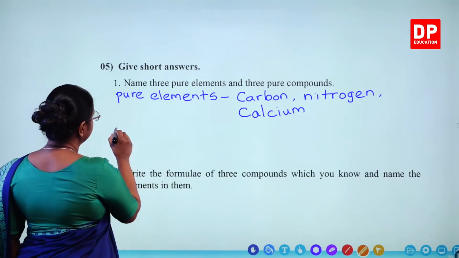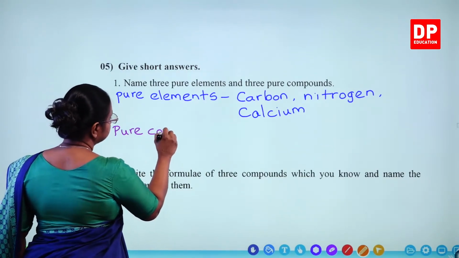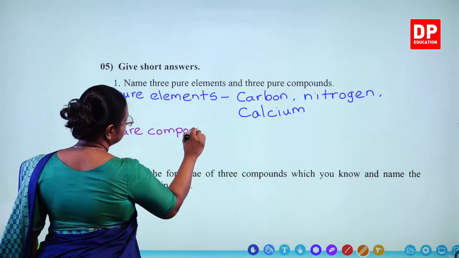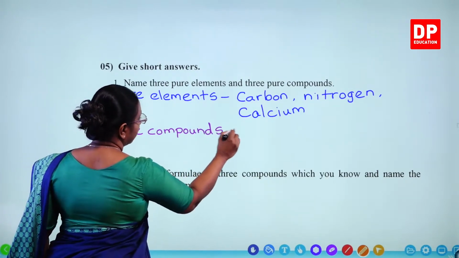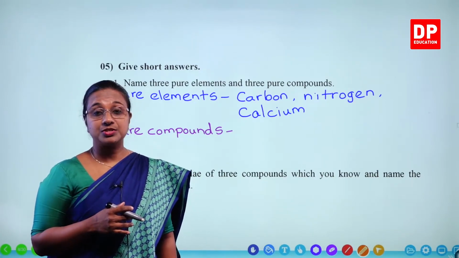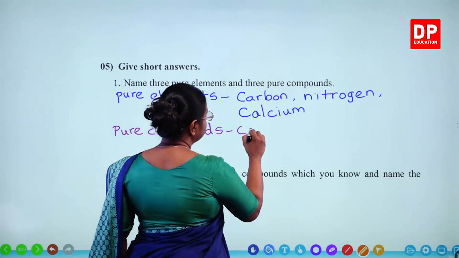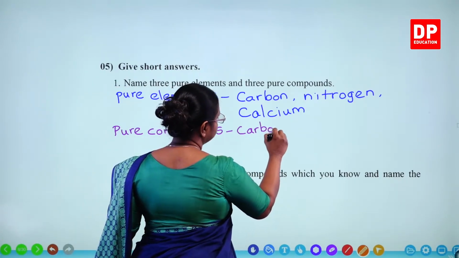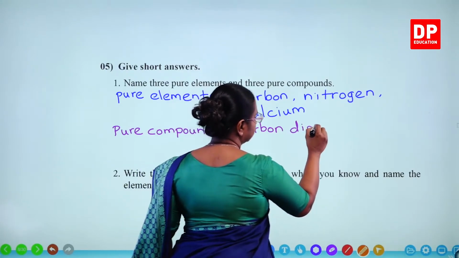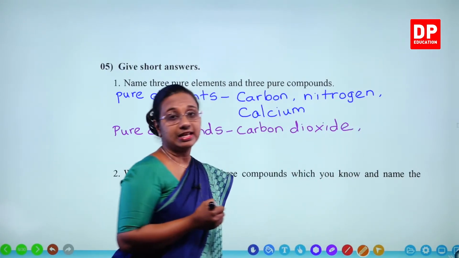So that again you can write pure compounds. What can you write? Pure compounds. You are familiar with some compounds. Carbon dioxide is a compound. Let's say carbon dioxide. Then what else?